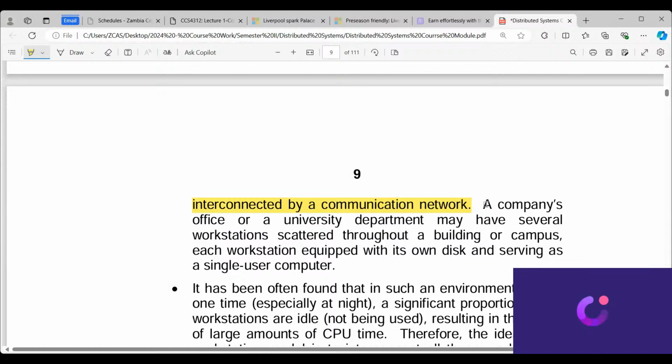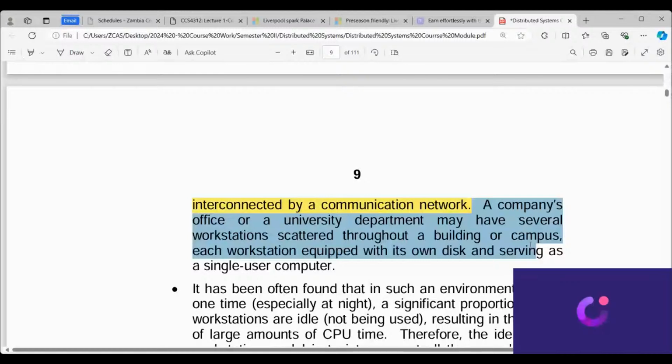So a company's office or university department may have several workstations scattered throughout a building or campus.